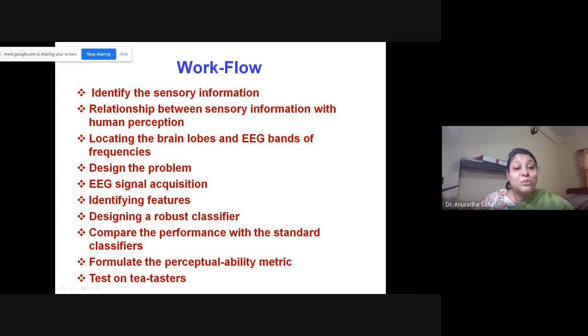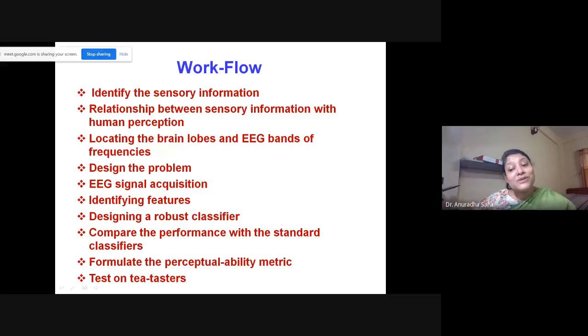So we should know the relationship between this sensory information and human perception. When these two groundworks have been completed, we slightly proceed to our experimental section.